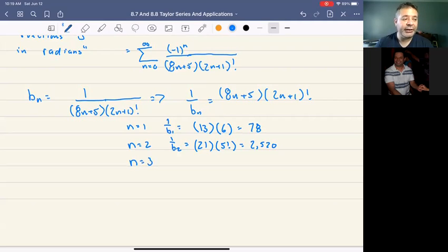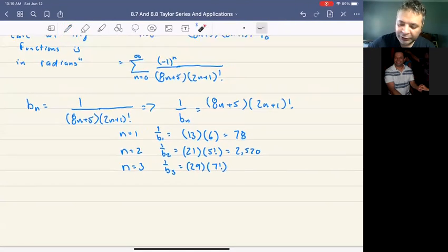n equals 3. That's going to be 1 over b sub 3, which equals 29 times 7 factorial.